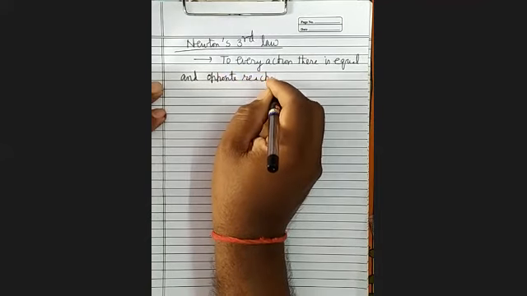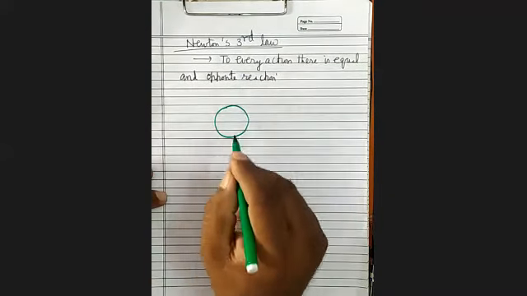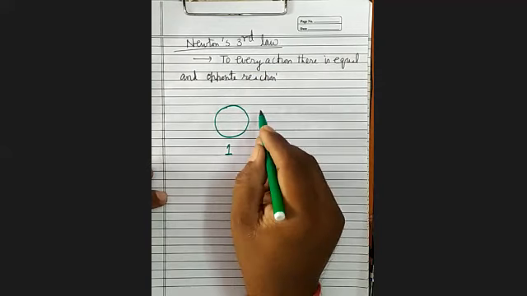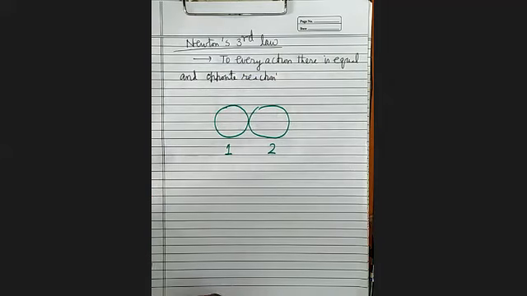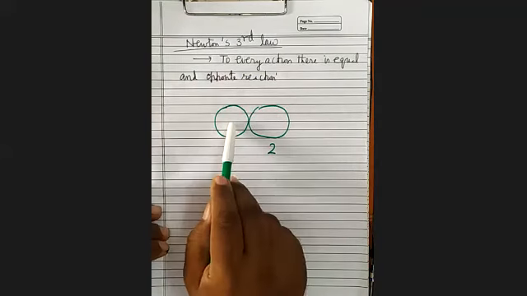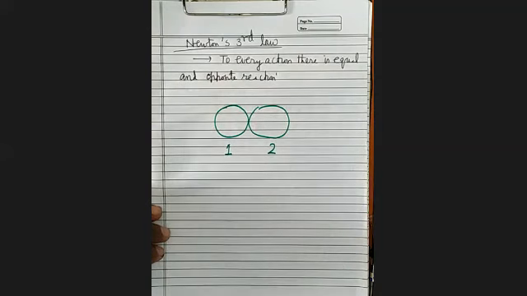Now see here, suppose two bodies are colliding: this is body 1 and this is body 2. When they collide, what will happen? One will exert a force on 2 and 2 will exert a force on 1.